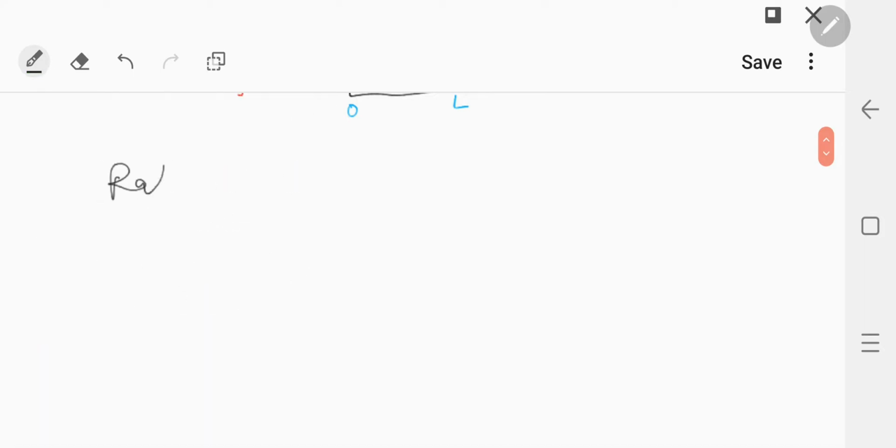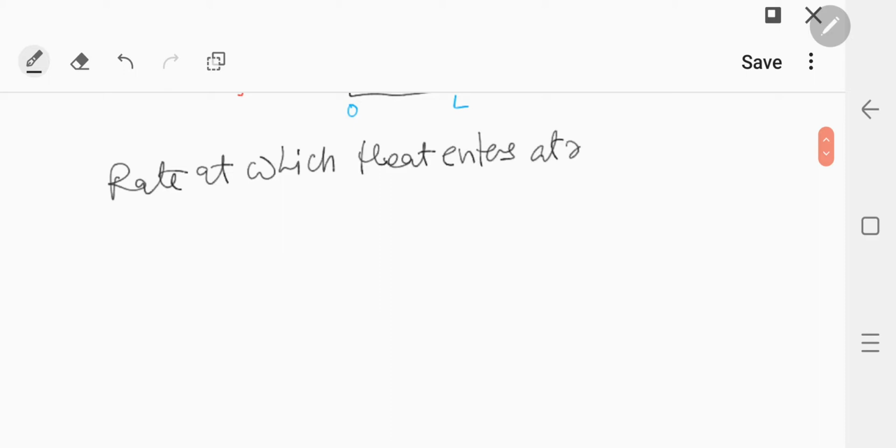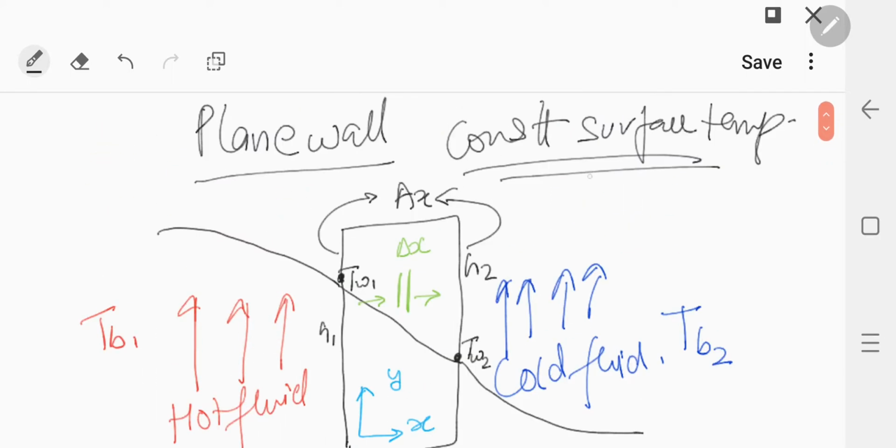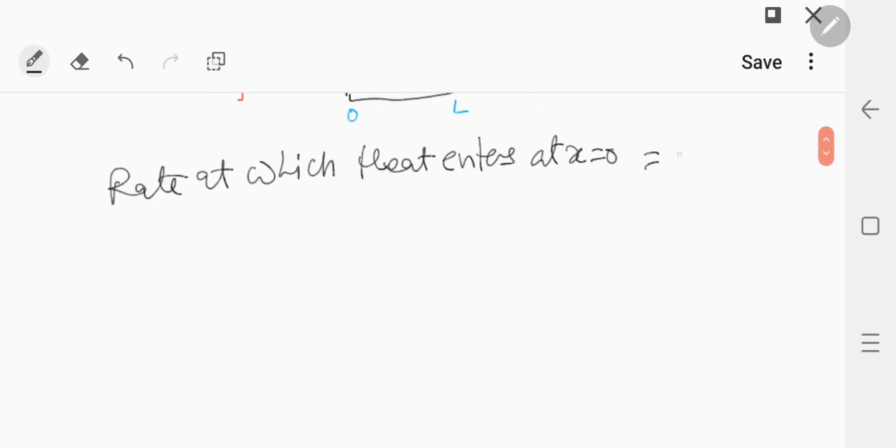Now the rate at which heat enters at x equal to 0 over here will be, let's say, qx.